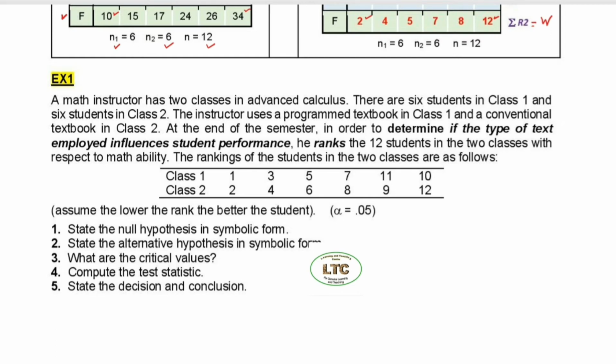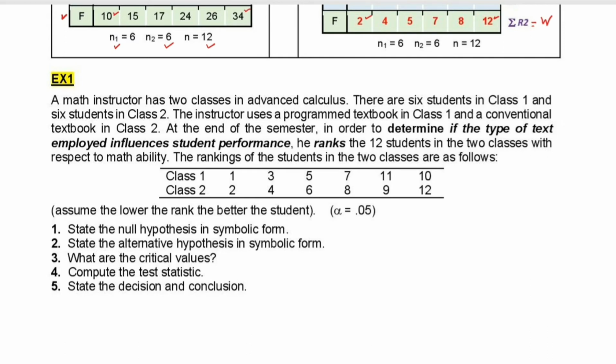At the end of the semester, in order to determine if the type of text employed influences student performance, he ranks the 12 students in the 2 classes with respect to math ability. The rankings of the students in the 2 classes are as follows. Class 1, class 2, and assume the lower the rank, the better the student.